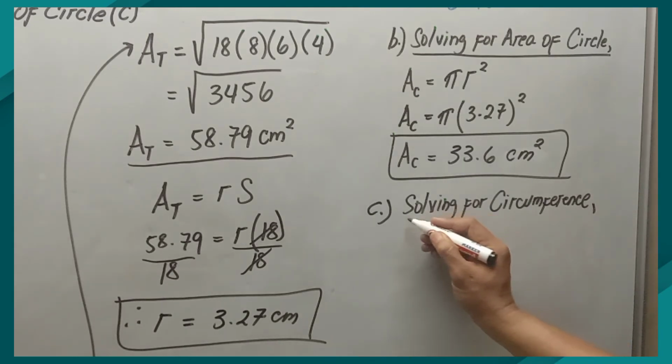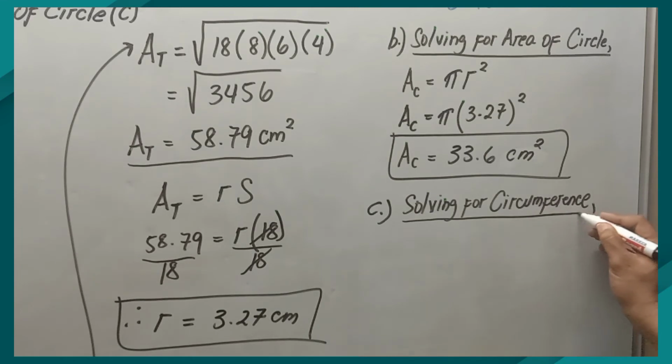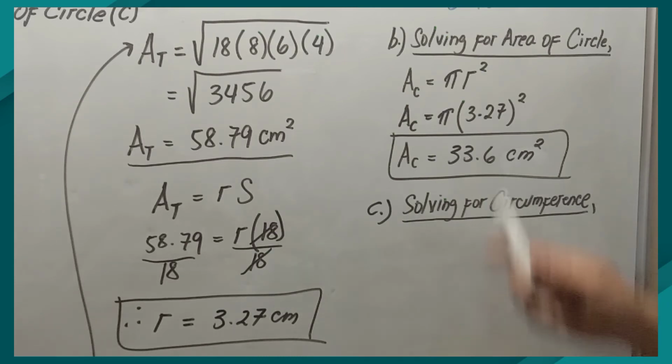Okay. So guys, as we studied before, the circumference of the circle is equal to pi times the diameter, or pi d. But here we are given in terms of radius.